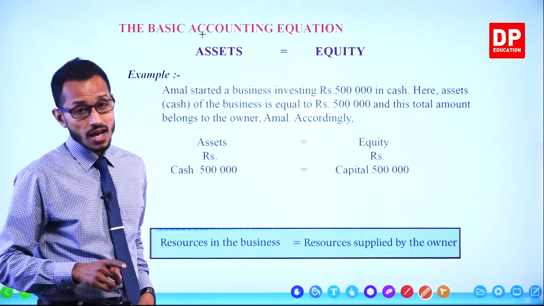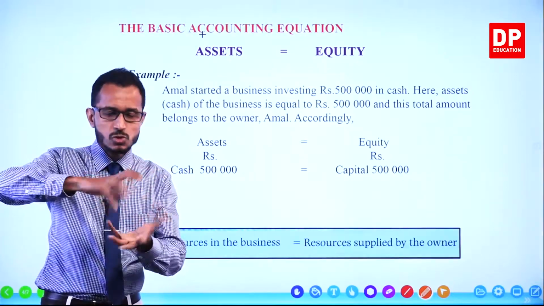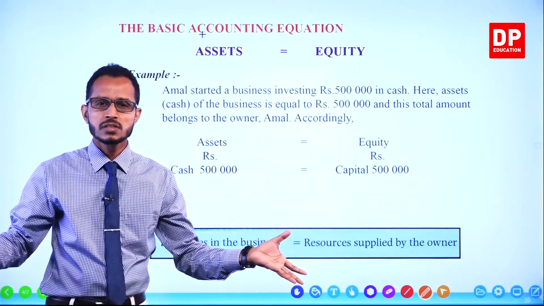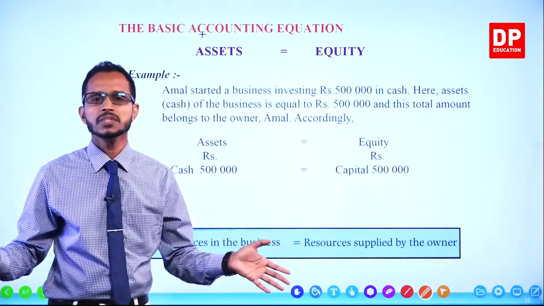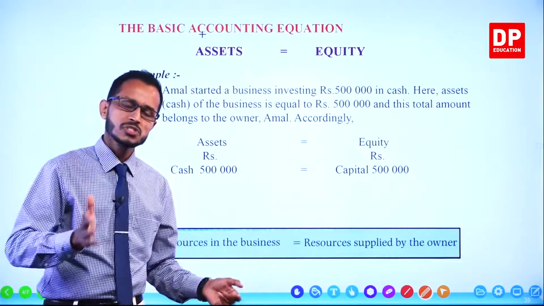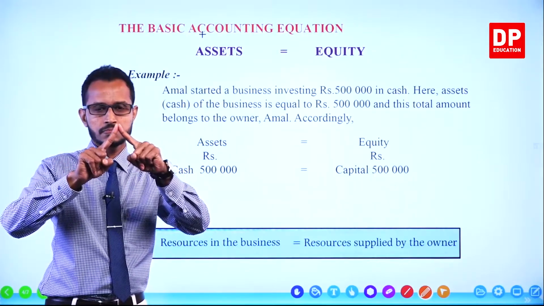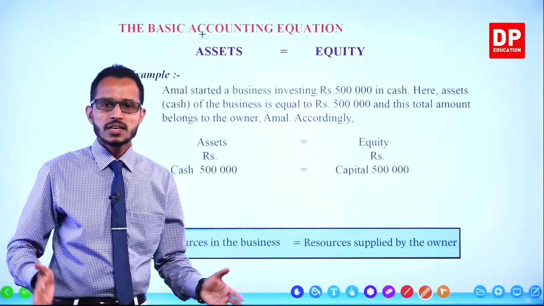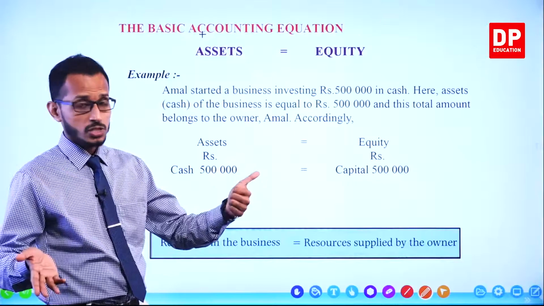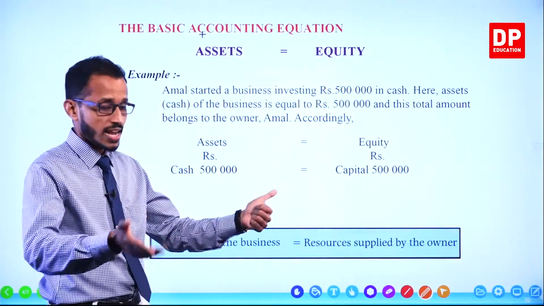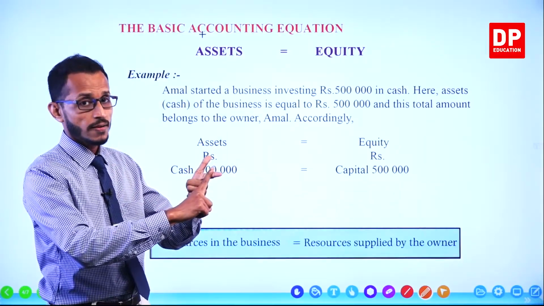Children, assets are all the physical resources in a business, very simply. All the resources in a business which are used in business activities are called assets. It can include the land which is used by the business, or the building situated on that land. Of course it is an asset.